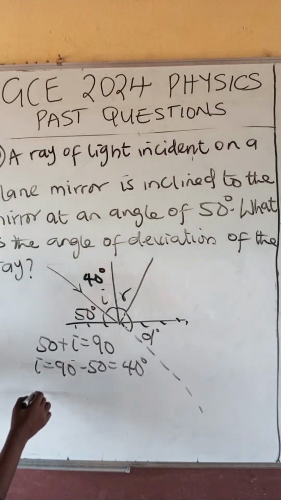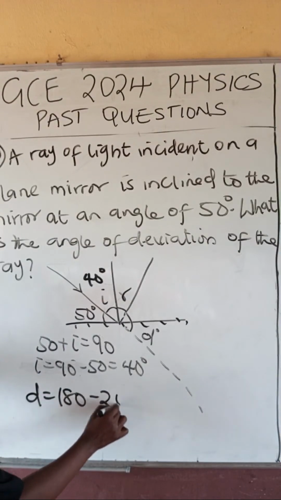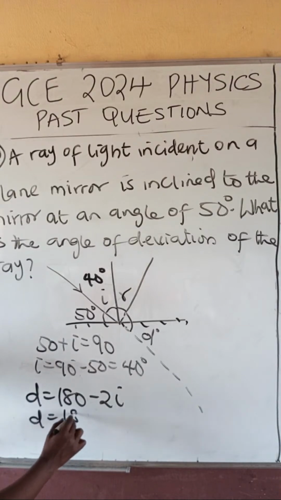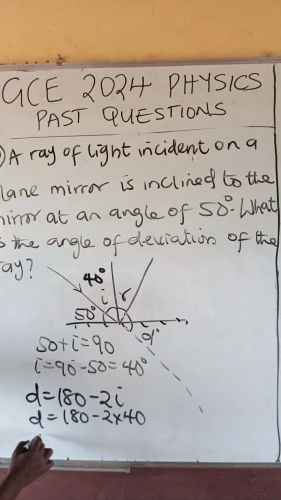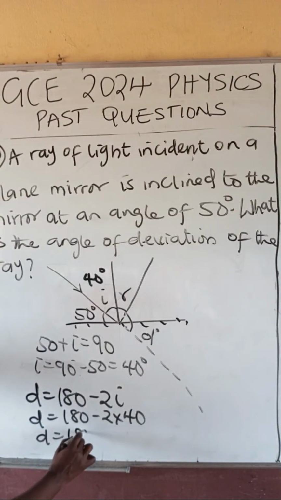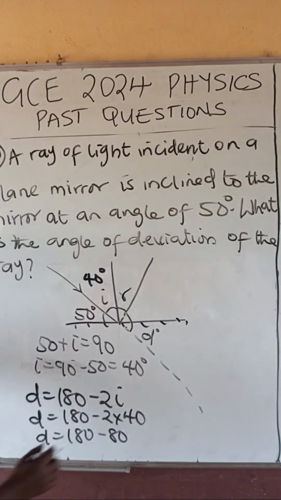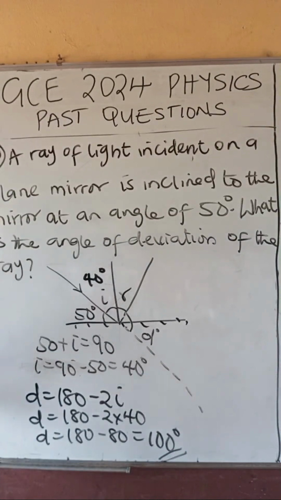The angle of deviation, D, is equal to 180 minus 2I, right? That is, D is equal to 180 minus 2 times 40, 180 minus 80, right? By the time you subtract, the answer is going to give you 100 degrees.